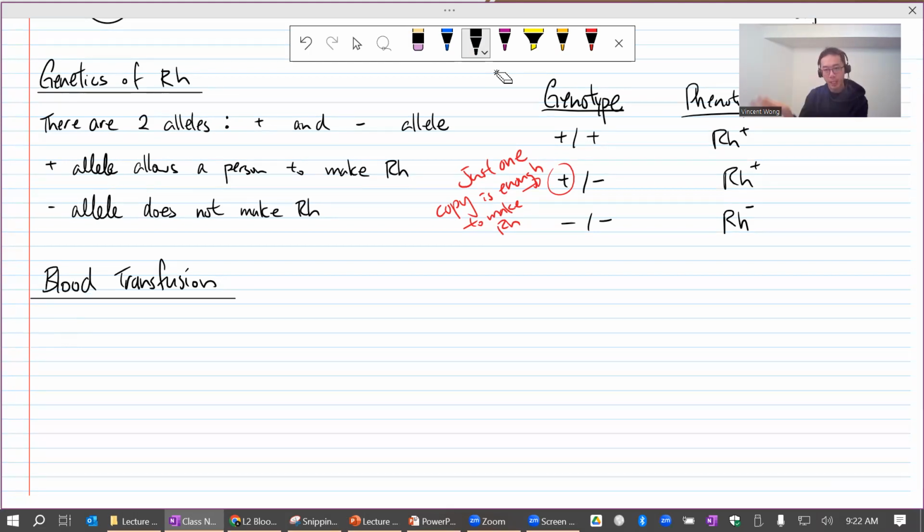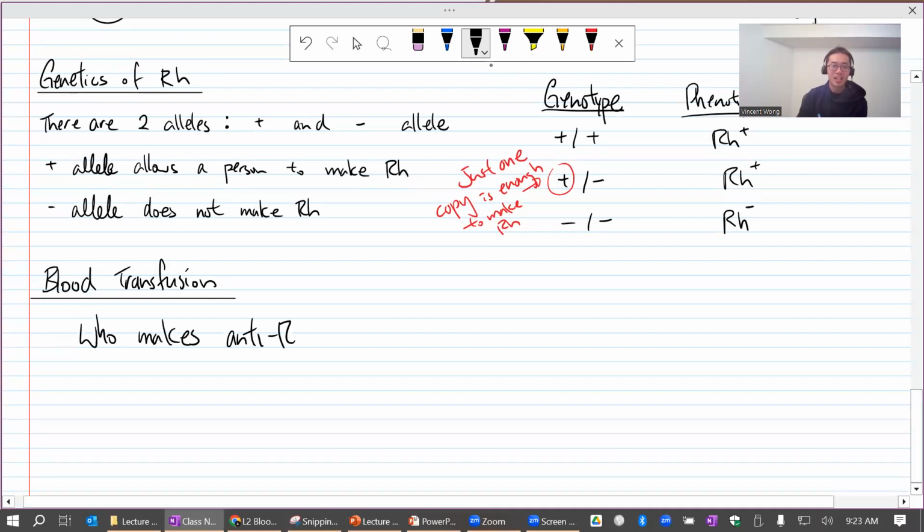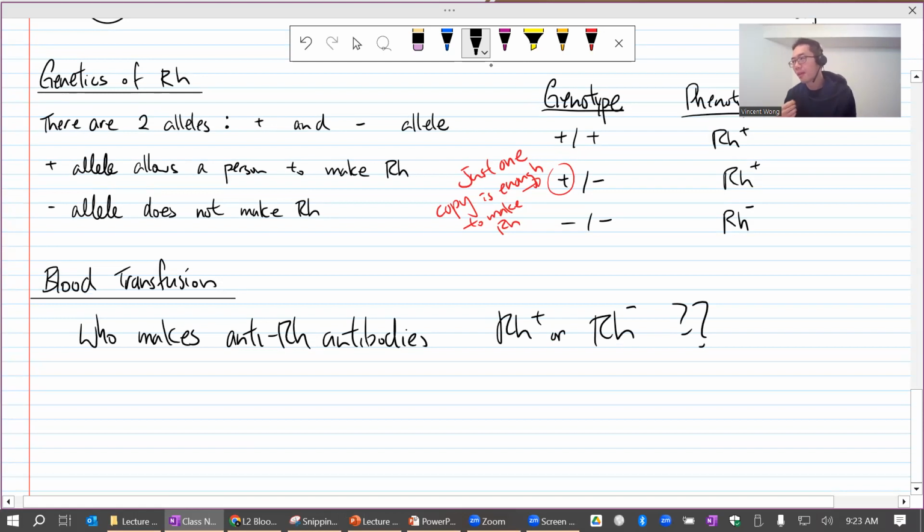Who has the potential to make anti-RH antibody? Who can make anti-RH antibody? Is it the positive people or the negative people? Negative. You're too fast. Who makes anti-RH antibody? Okay. Please think about this. Is it the Rh positive people or Rh negative people? Okay. Well, just keep it in your mind.